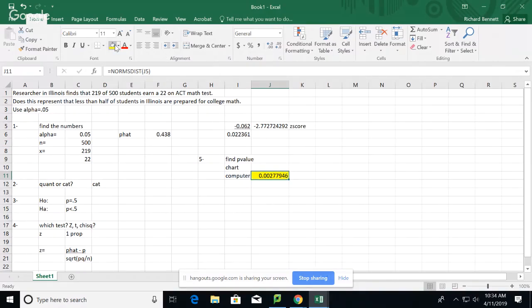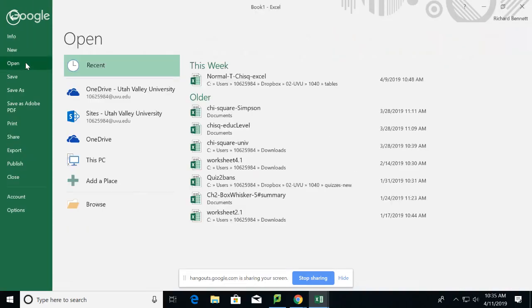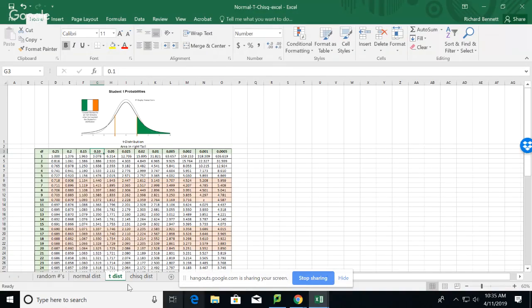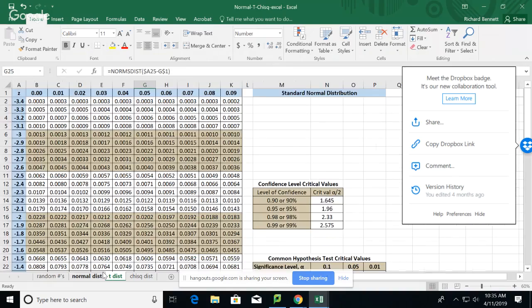Do we want to know how to do this on the chart? Olivia, do you know how to do this on the chart? If you were looking up the p-value on the chart, do you know how to find that value, Olivia?